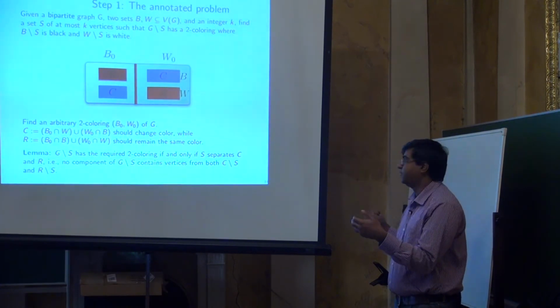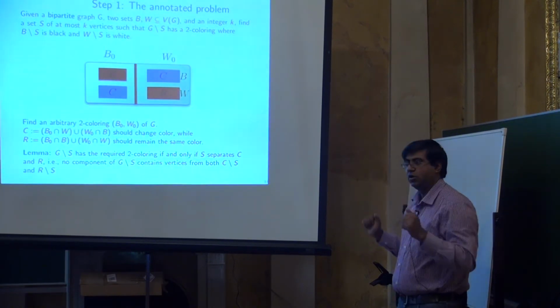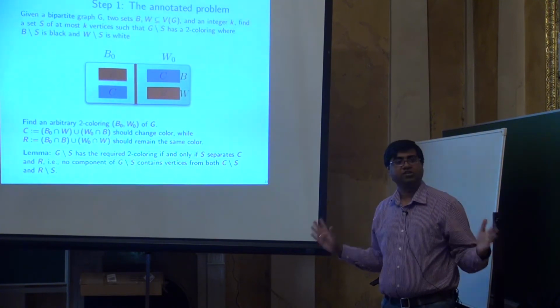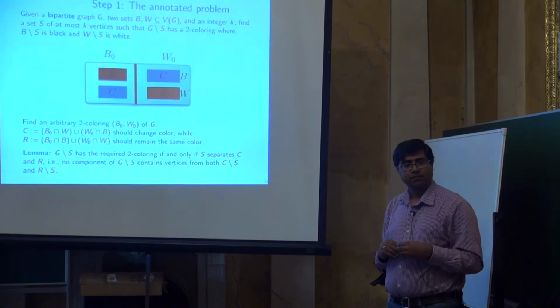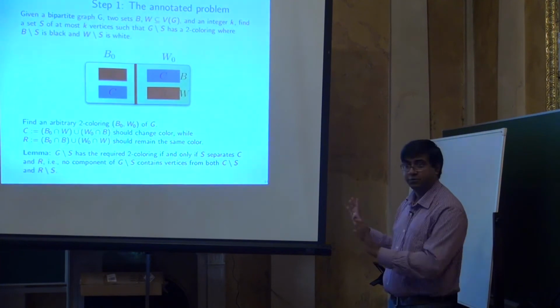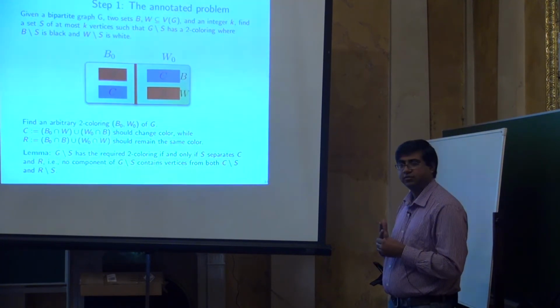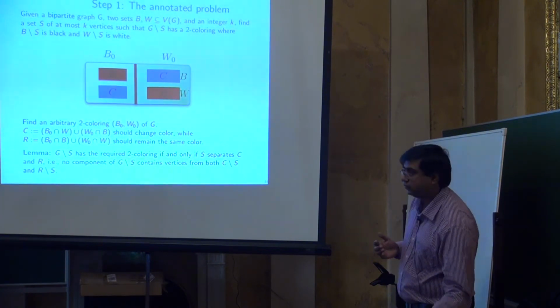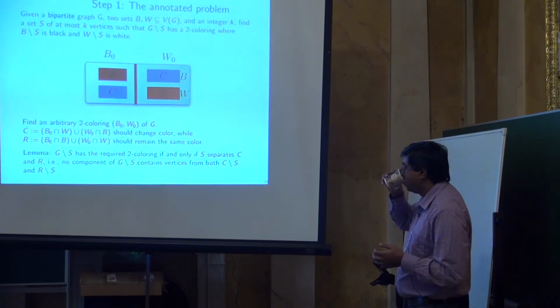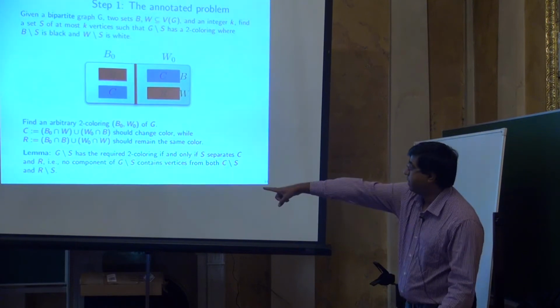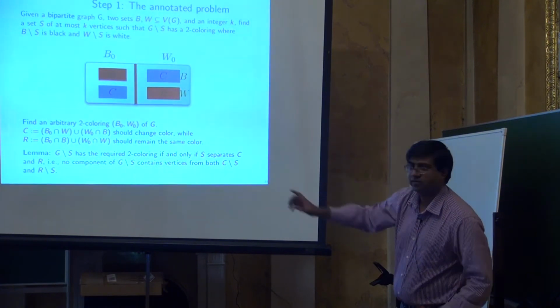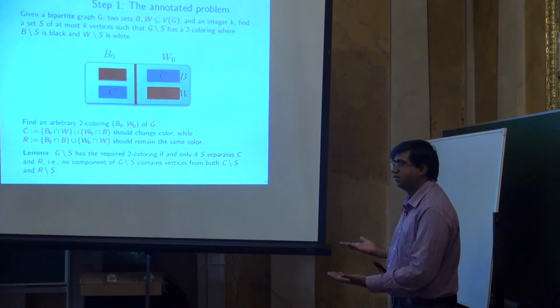It either contains vertices from remaining or it contains vertices from change. We will prove this formally, but I just want you to observe the statement. And my motivation is exactly those two lines, that's why I want such things.